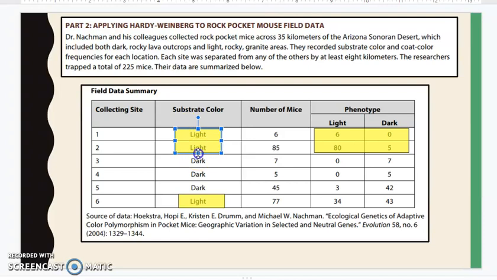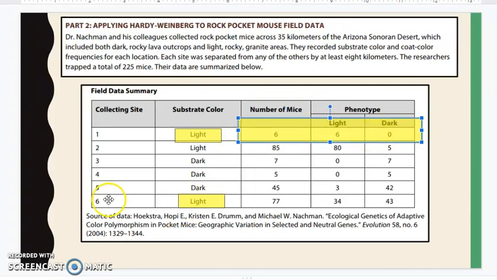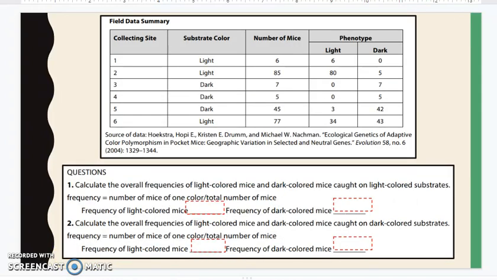So for example, in the collecting site number 1, there was only 6 mice collected, and it just so happened that all 6 of those mice were light. If you look at the area like collecting site number 4, it was dark, so lava rock. There were 5 mice collected, and they were all dark. So that's how you would read this data.